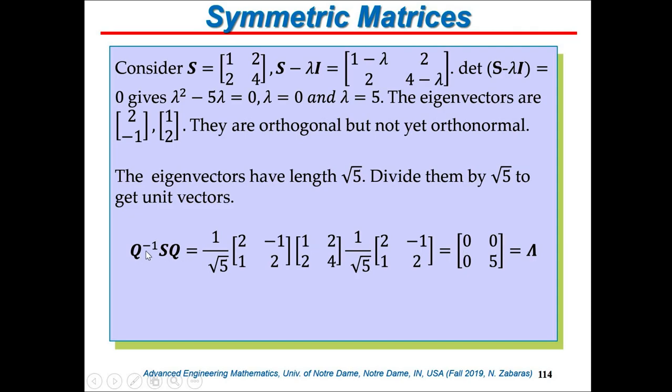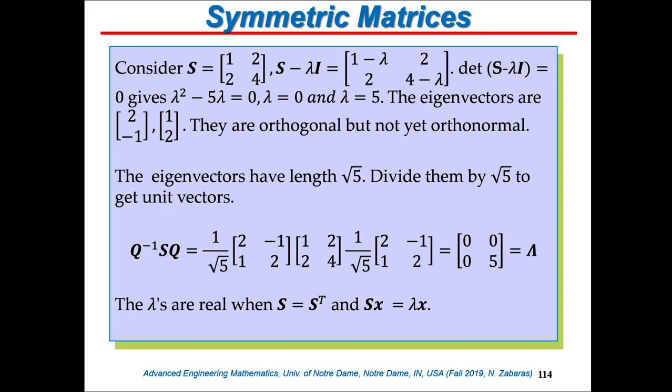When you do the calculation Q transpose S Q, you do get the matrix lambda, diagonal with the two eigenvalues, which here are 0 and 5. So in this case, for the symmetric matrix S, the lambdas are real, and the eigenvectors are orthogonal to each other.